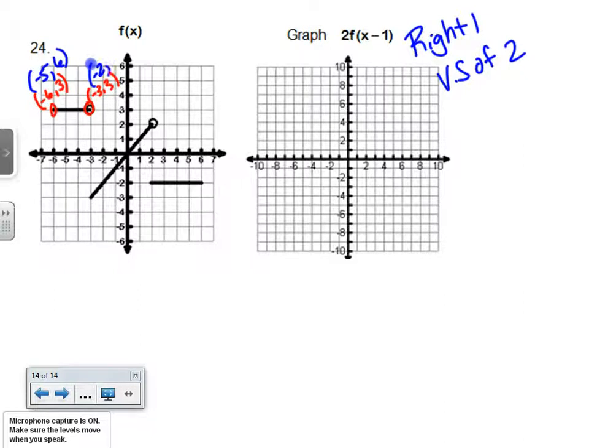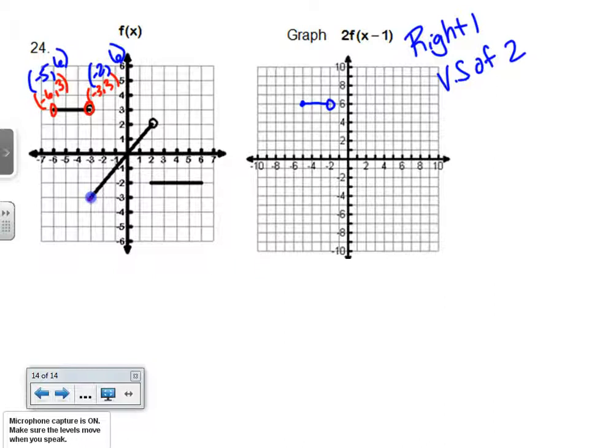So this guy's going to become negative 2, 6. So let's plot those points. Negative 5, 6, and that was a filled in circle originally. And then negative 2, 6, and that one was an open circle. And they connected in between.